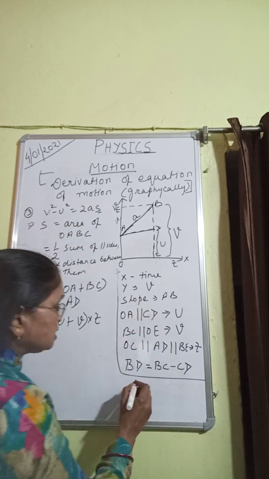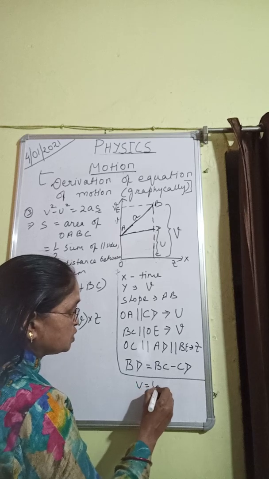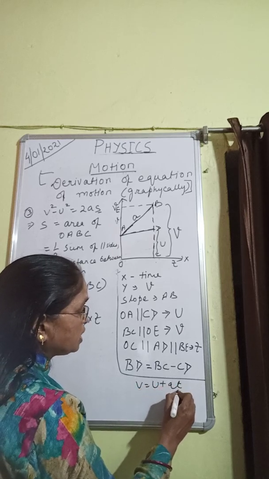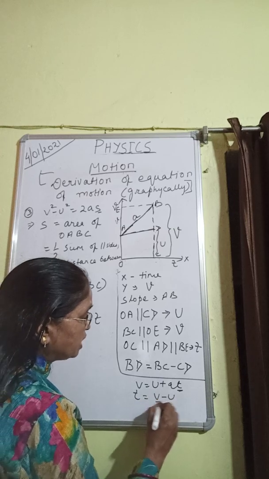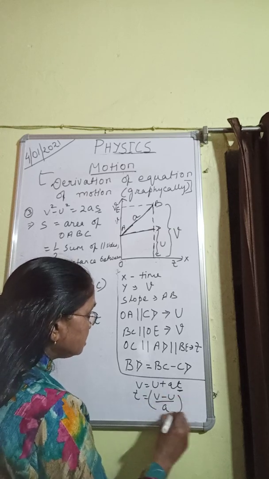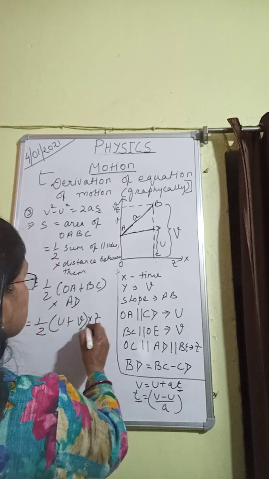So in the first equation of motion, V is equal to U plus AT, from here take out T. T is equal to V minus U by A. Write the formula of T in this equation.